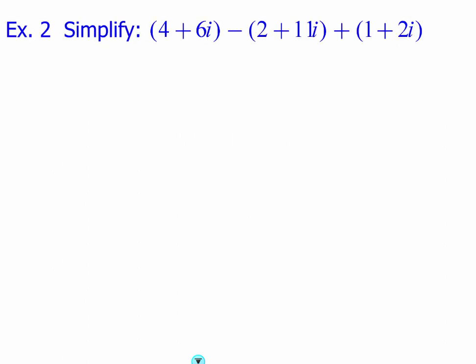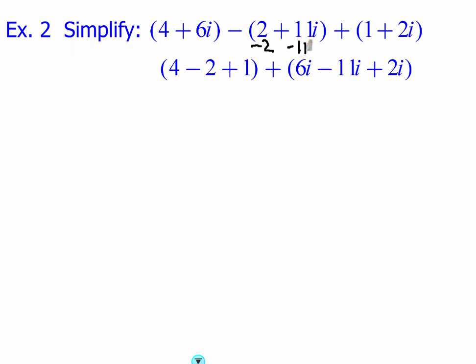So if we take a look at an example here, I've got 4 plus 6i minus 2 plus 11i plus 1 plus 2i. What I'm going to do is just rearrange these things. One thing I'm making sure to do is, since this is minus, this becomes a negative 2 and this becomes a negative 11i. Got to distribute out that negative symbol.